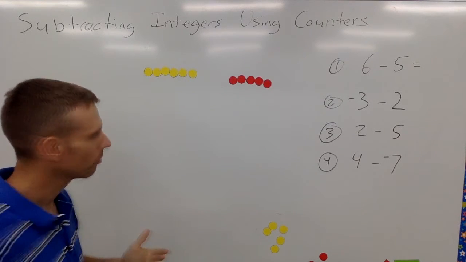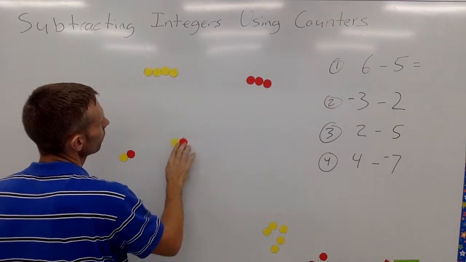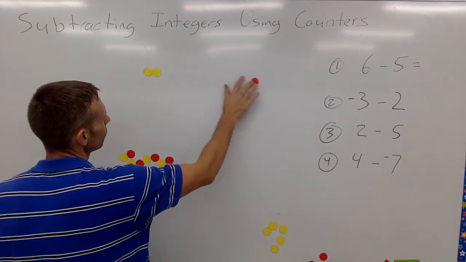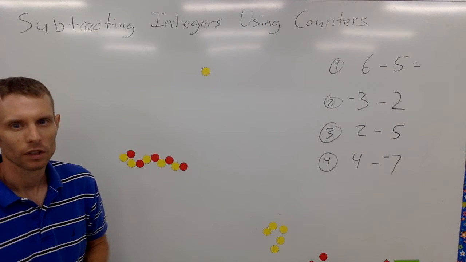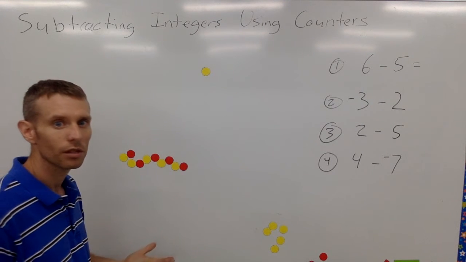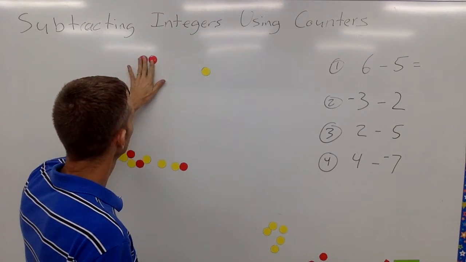And then when I make zero pairs again, these cancel each other out, I'm left with positive 1. Now again, for that problem, you're probably not going to do that, but it's good to see the principle of why and how that works, because now we're going to go to number 2.